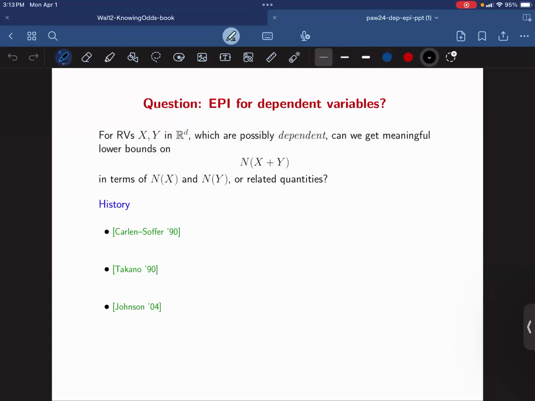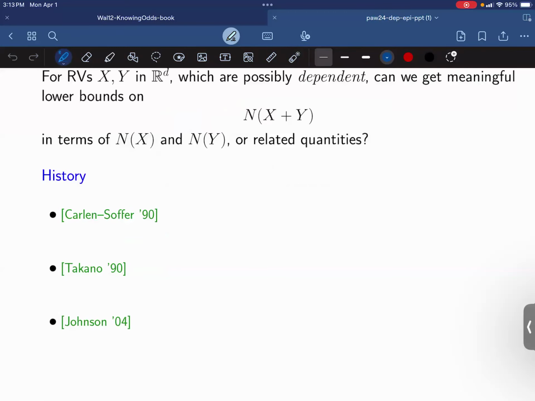So there is some history here. So in 1990, Carlen and Soffer actually proved, so they did two things. They proved refined EPIs in the independent case, so with an error term in the independent case, and also for the dependent case, they did not prove an entropy power inequality, but they used these entropy tools to prove a CLT under some assumptions, just the regular CLT, not an entropic CLT.